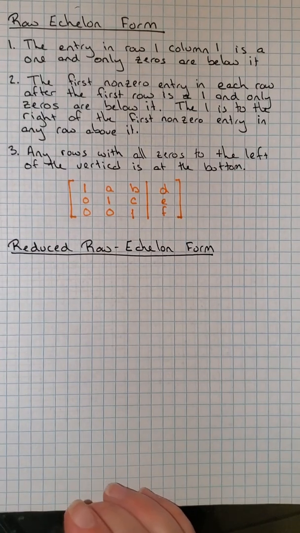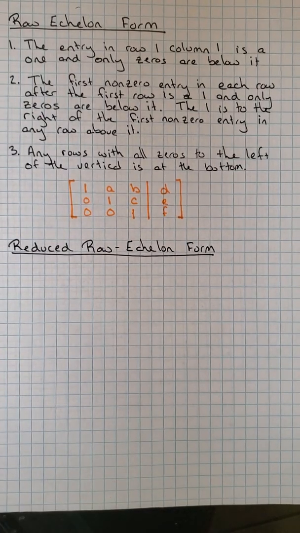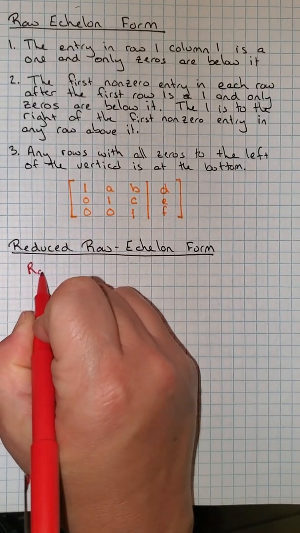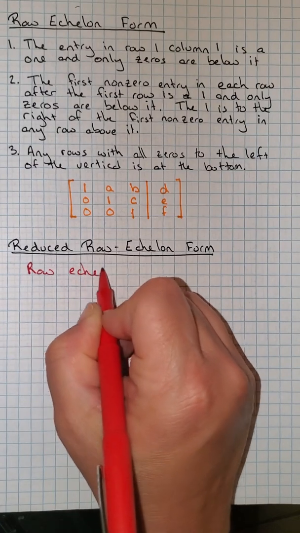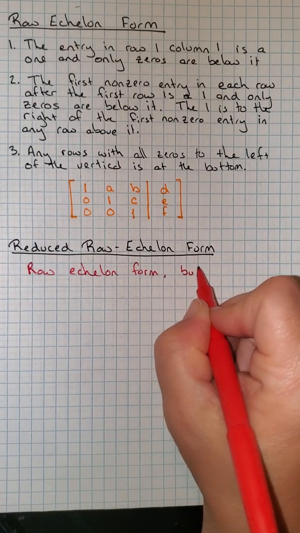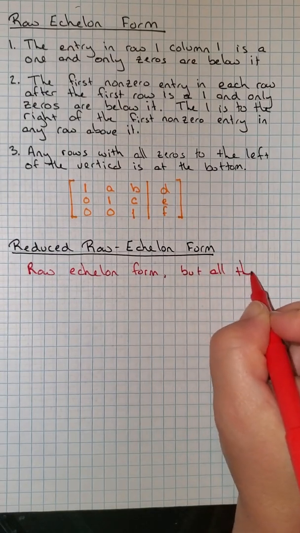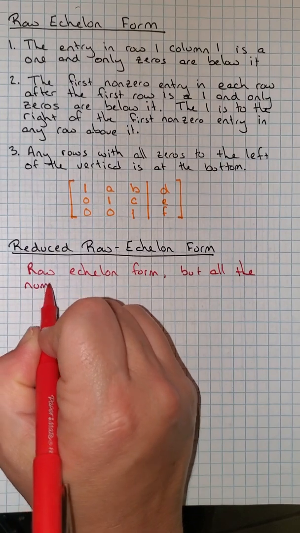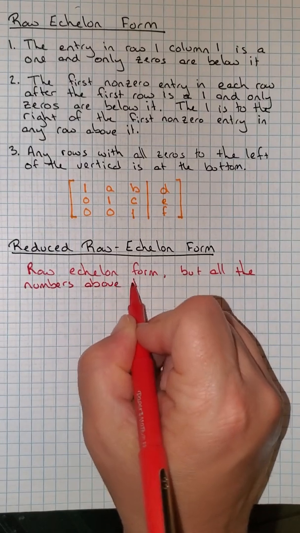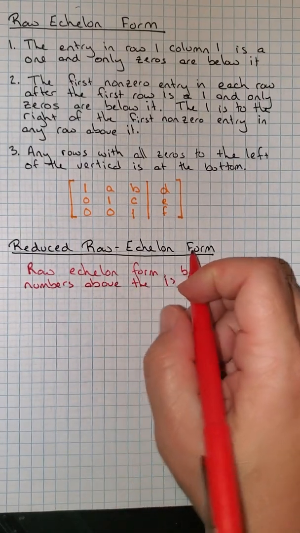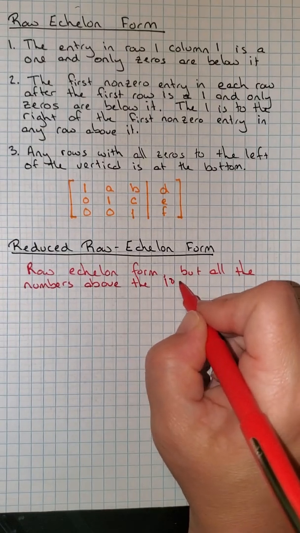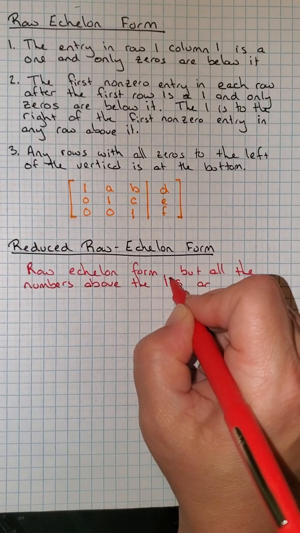So it's row echelon form, but all the numbers above the ones are also reduced to zeros.